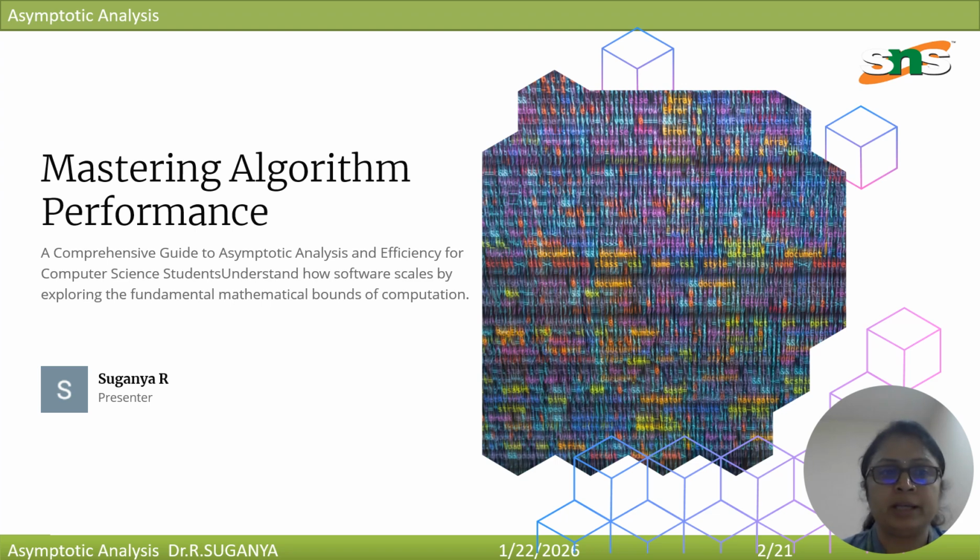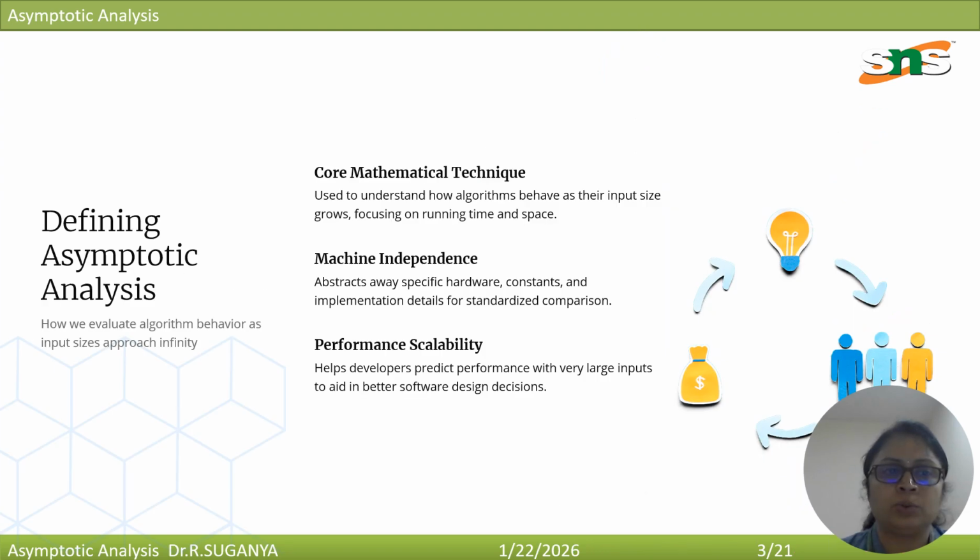It is about algorithm performance, and it plays a vital role in modern software engineering and design. It is a part of algorithm analysis in engineering and design, which we call asymptotic analysis.